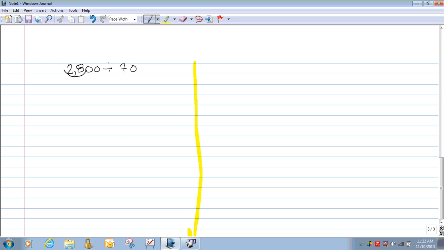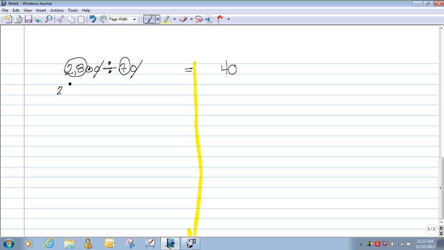Let's start with our basic fact of 28 divided by 7, and that equals 4. Now what happens is I have 2 zeros on the left side of my divide symbol, and I have 1 on the right. And what you can do is cross out the zero on the right and 1 on the left, and you're left with 1 remaining 0. So you may place your 0, and your quotient is 40.